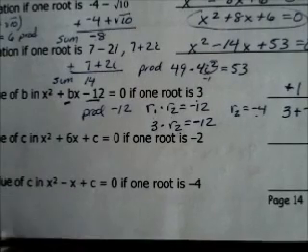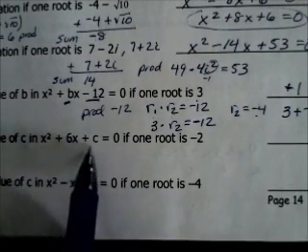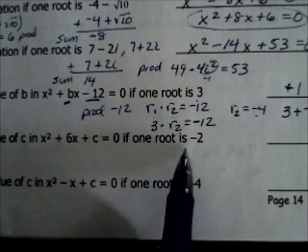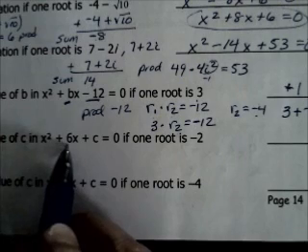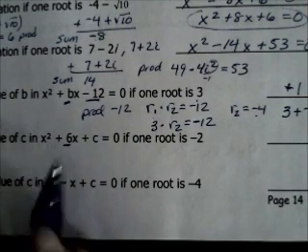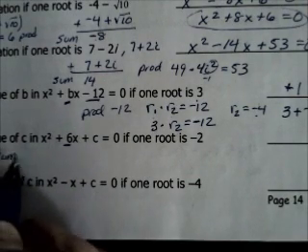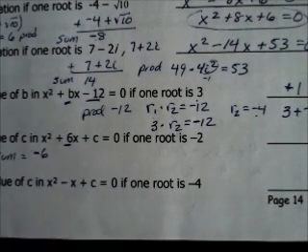Number 9, find the value of c in the equation x squared plus 6x plus c equals 0 if one root is negative 2. All right. Well, the value of 6, our sum would equal negative 6. Right?